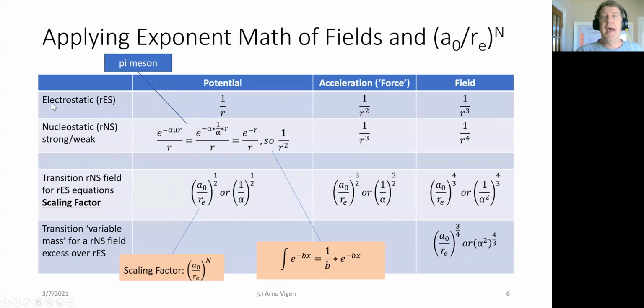You see, we have electrostatic force and we have nucleostatic force, the strong and the weak. And the two radials are the strong and the electrostatic. As a potential, which is where I did the equation because that's where the famous physicists work, there's also force: potential and force. This is what everybody's been taught about. And then force also happens to be divided by mass to get you acceleration and field.